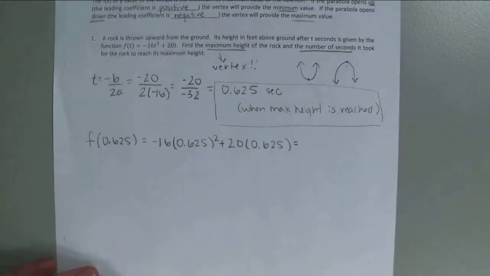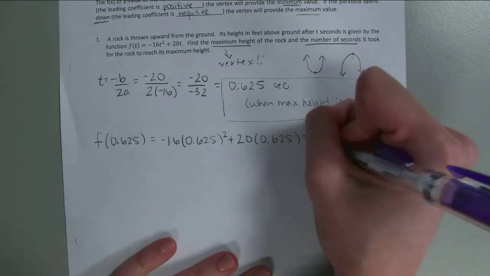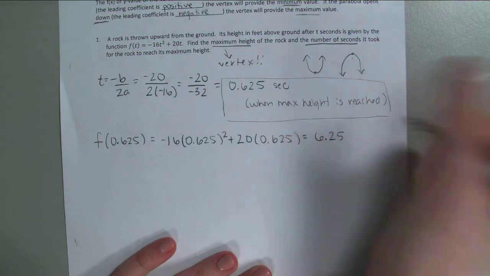If you plug that in your calculator exactly how you see it, negative 16 times 0.625 squared plus 20 times 0.625, you get, I think, 6.25. And it's height measured in feet.